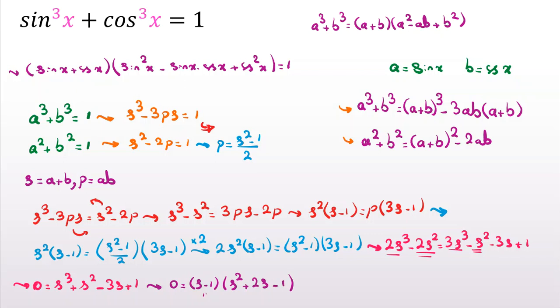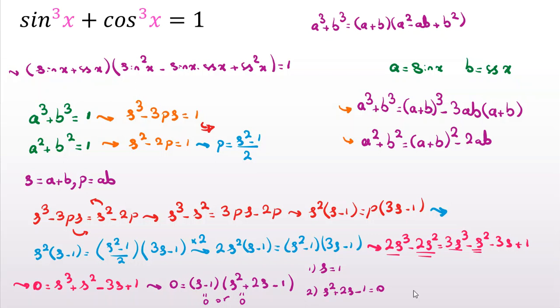So the first one is 0 or the second part is 0. If the first one is 0, s equal to 1, first case. If the second part is 0, s squared plus 2s minus 1 is 0. Let's check these two cases.